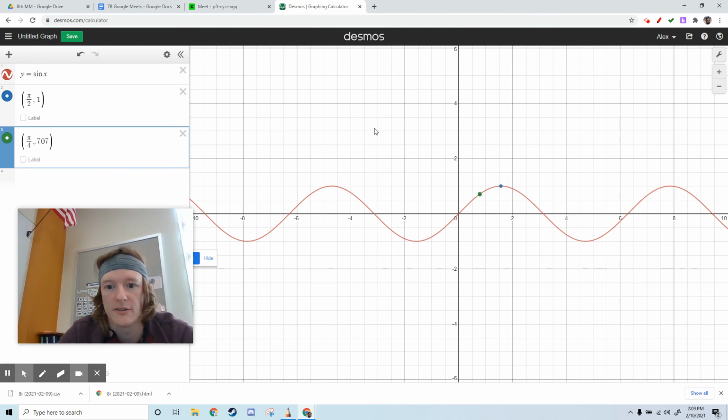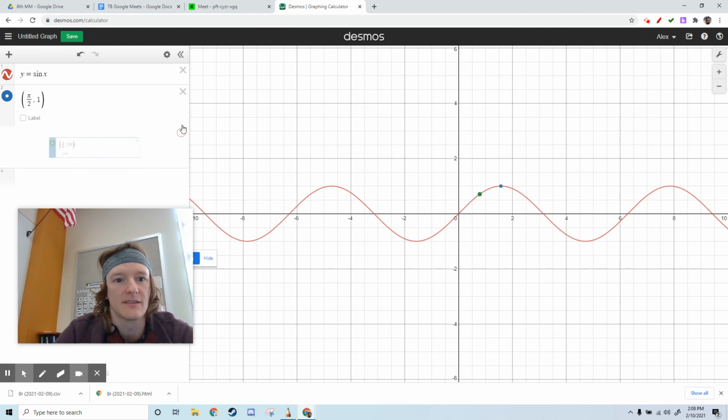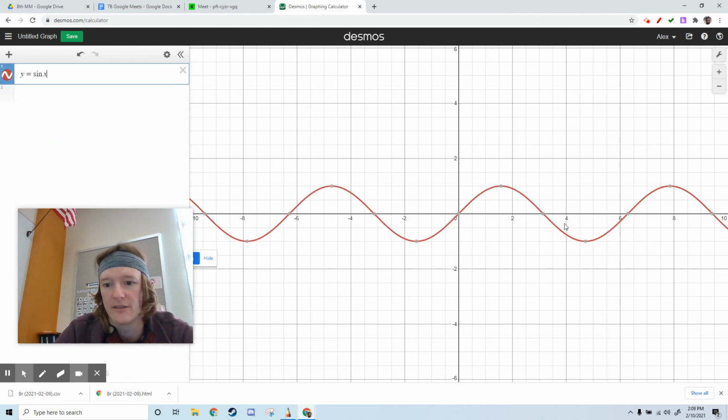So there's our spot. So if we graph y equals sine of x, for every value, where's pi? Pi should be at 0. Pi, comma, 0. We have a sine of 0. And when we get all the way to 2 pi, sine is also 0.